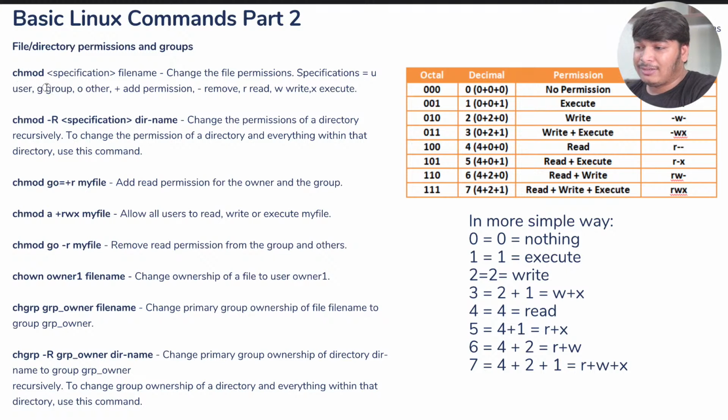Then the second three characters represent the group permission, and the last three represent the other permission. So whoever other entities are. Okay, so I am the owner. So it's read and then write. It's still not executable. So when you create a file, the executable permission is not given by default. Always remember that part.